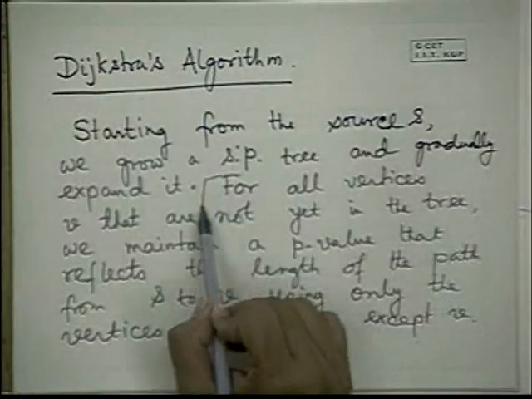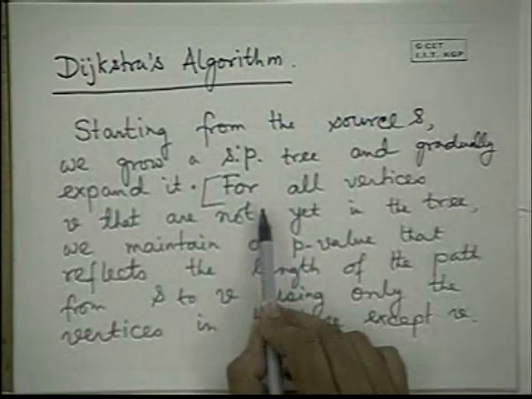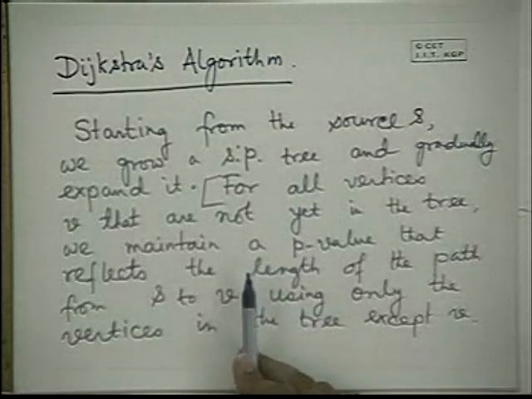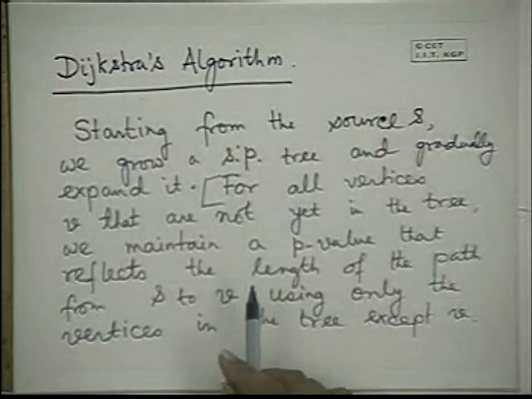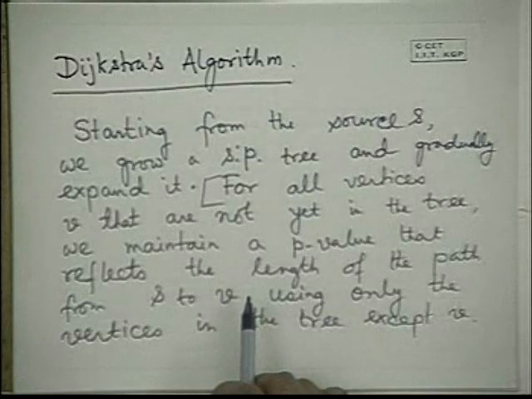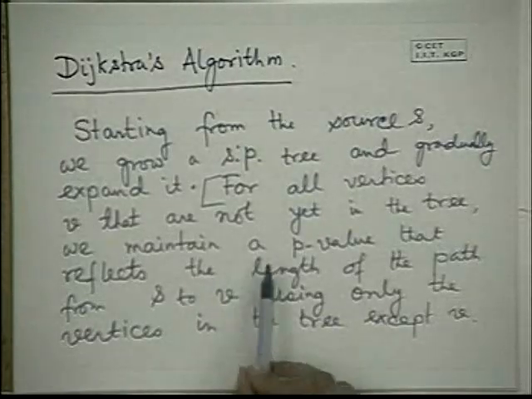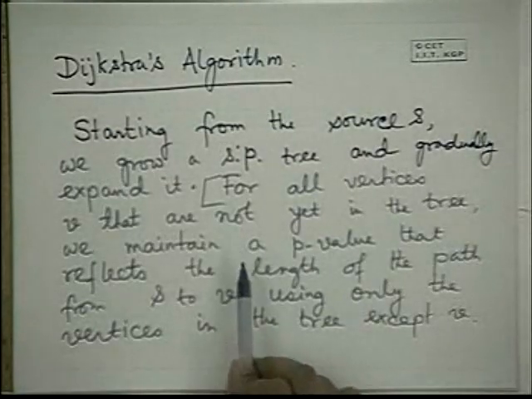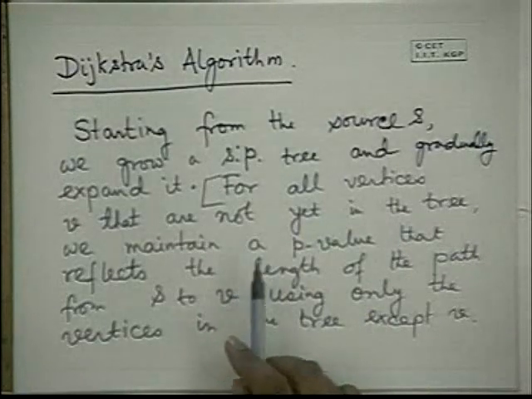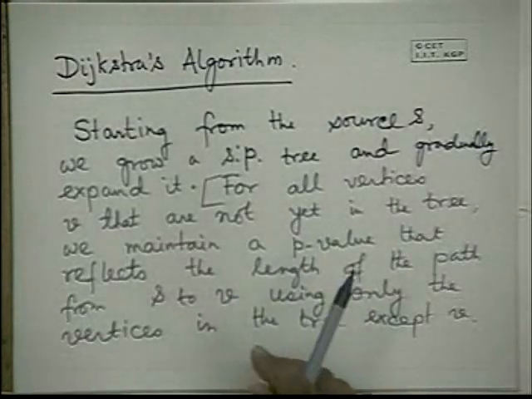So for all vertices V, again we will maintain a priority value. What is that priority value? Since we are growing a tree, at any point of time you have a set of vertices which are already included in the shortest path tree. You are slowly including more and more vertices, just like Prim's algorithm.